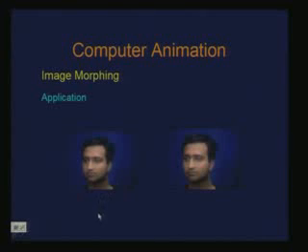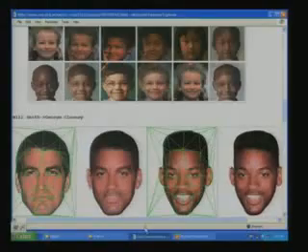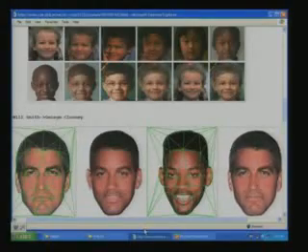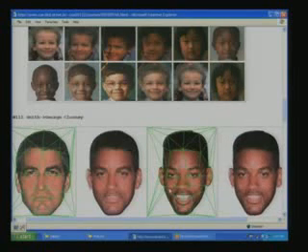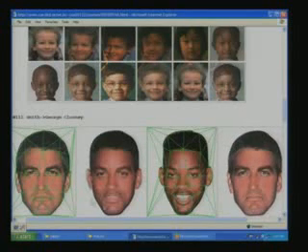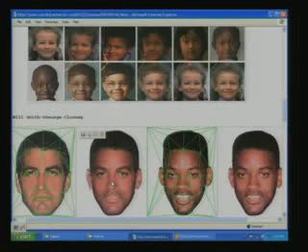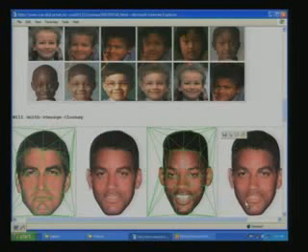Okay. Now let me give you other examples of this morphing, which were done as an assignment for an image processing course. So here the idea, you see, this is one source, this is some sort of a target, this is an intermediate form, and these are the transitions you observe.